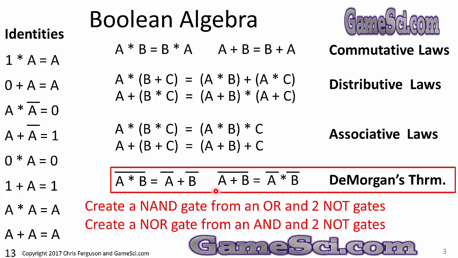This is a NOR gate. I can build a NOR gate using an AND and 2 NOT gates. Interesting. De Morgan's theorem not only helps you simplify Boolean algebra expressions, it's also very similar to the NAND and NOR gates.